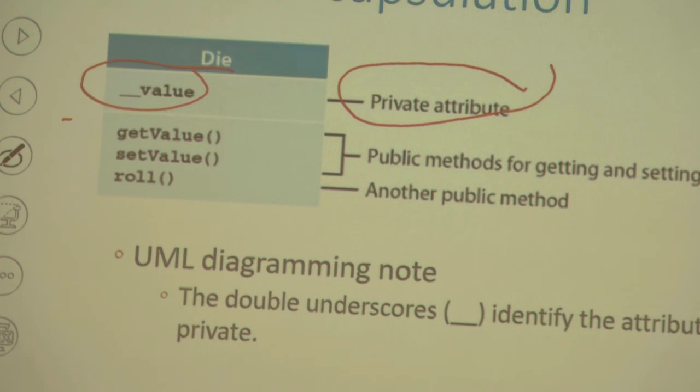So how many methods do you have in here? 3 methods. Before I had only 1 method, which is role. For this one, I have value and 1 method. When I made it private, I put 2 underscores before the name.